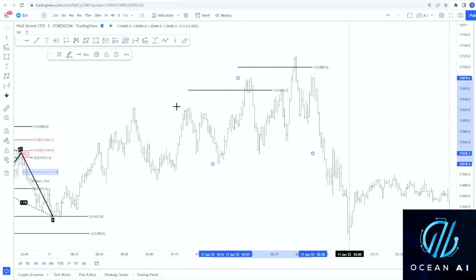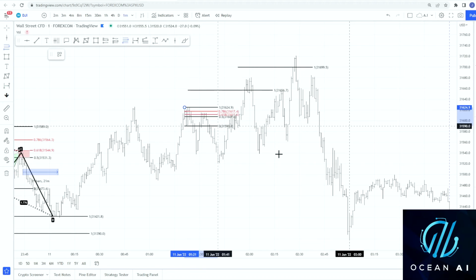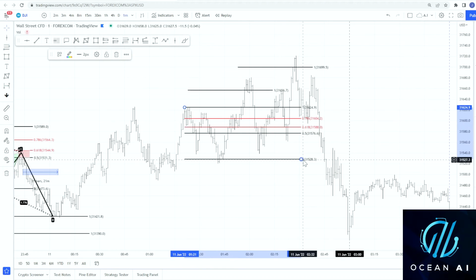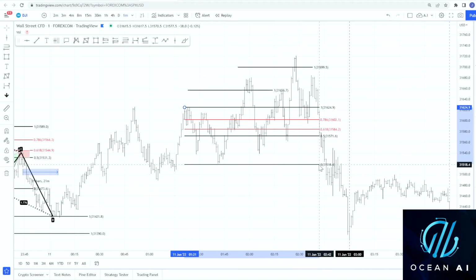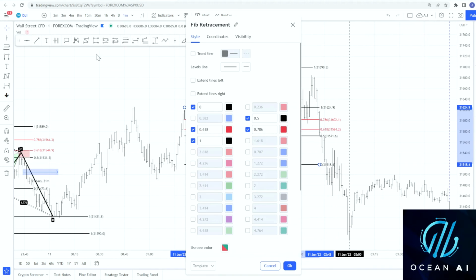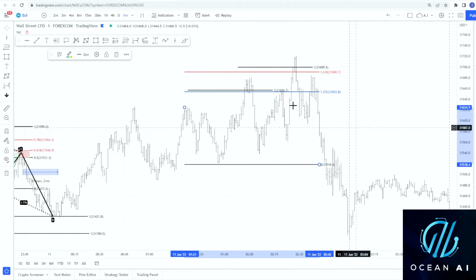And also, we like to see extension levels from the first move. So we put in the 161 and the 127. Yeah, 127 was certain. And we had the 161 coming in at the same level here.